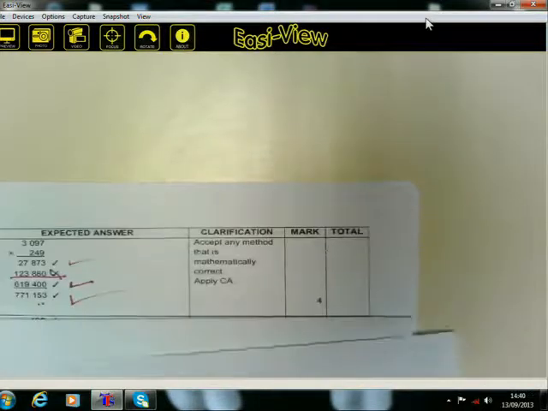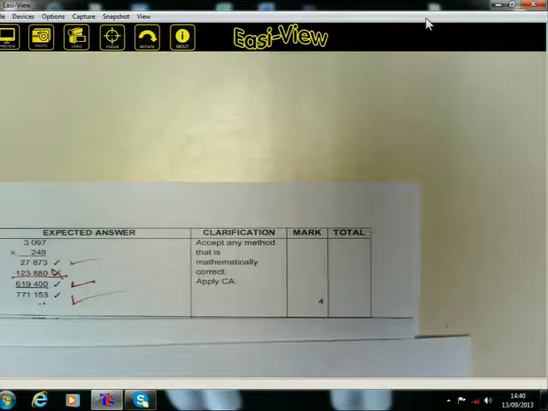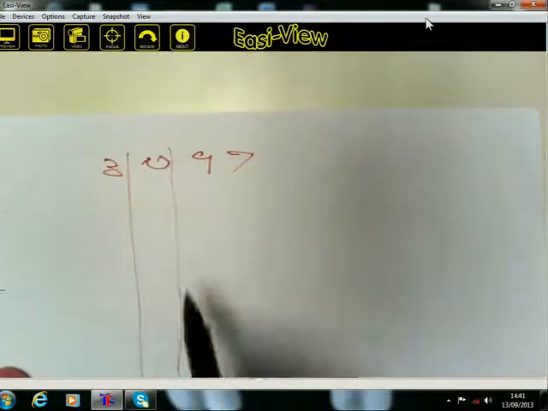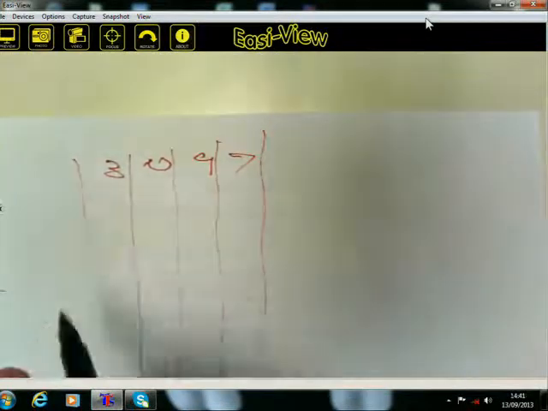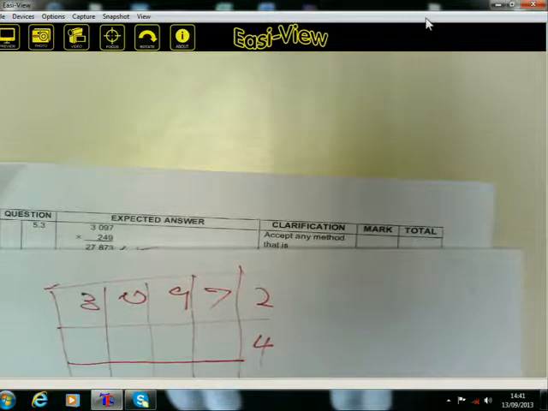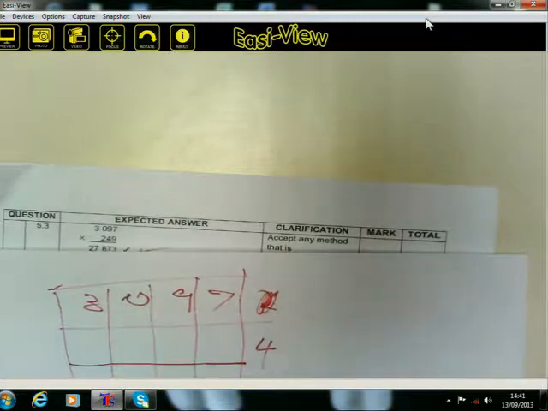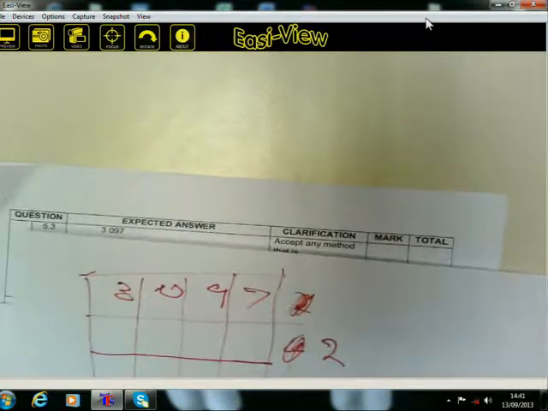Lattice multiplication. The number is 3097. You multiply by 249.